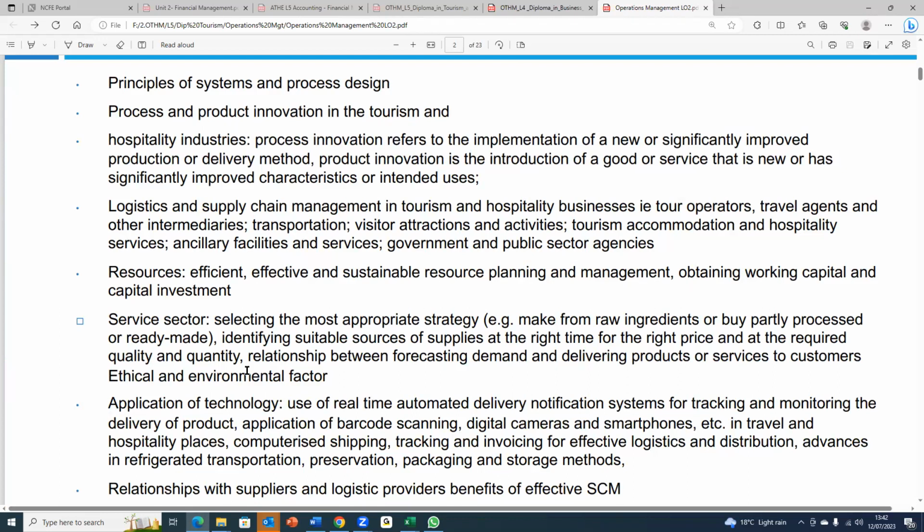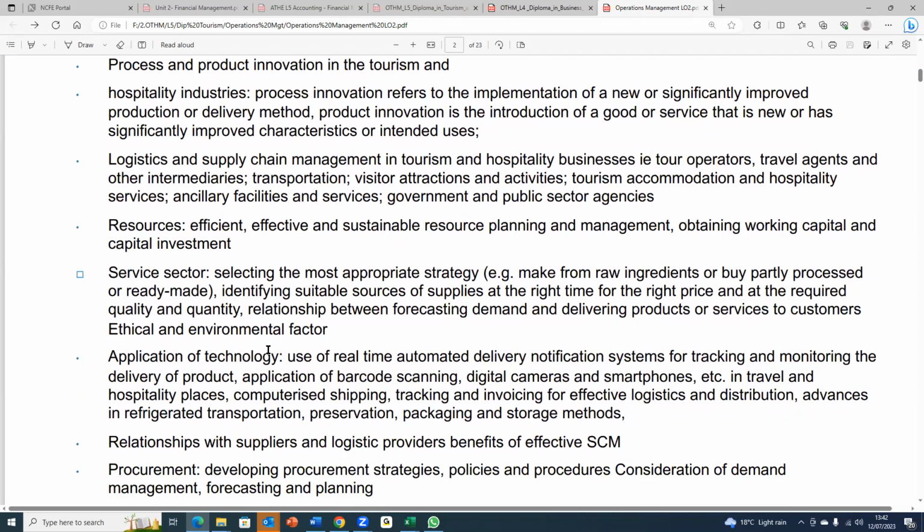We looked at the systems and processes needed for implementing services in operations management in the tourism industry. We looked at logistics and supply chain management in order to look at the efficiency of resources in the tourism industry.